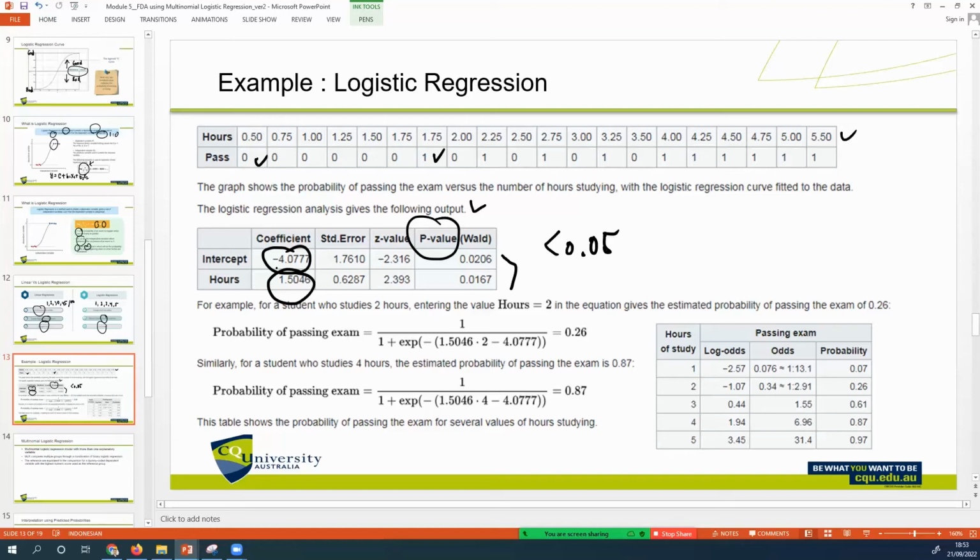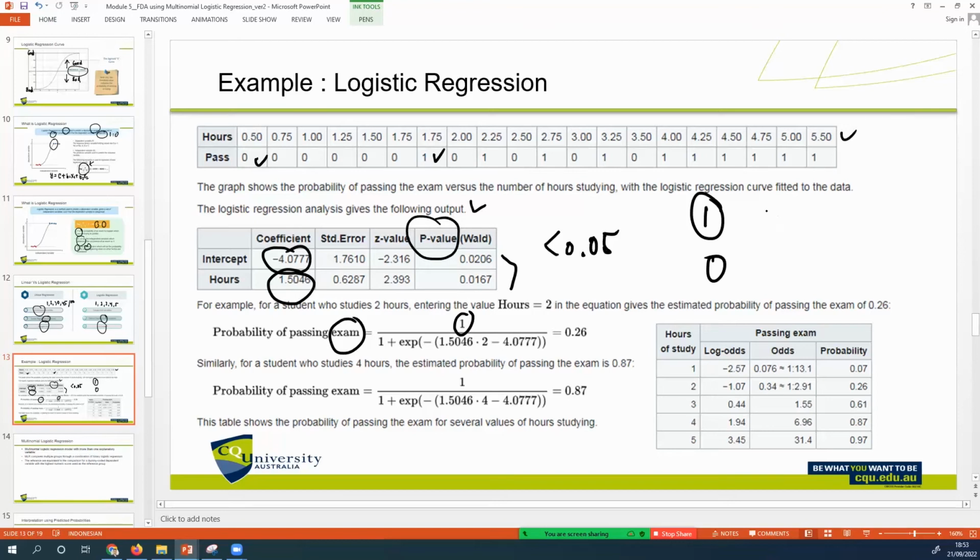So when we have the probability of 1 and 0, what is the probability reference? Let's say the reference is 1, meaning the probability of passing the exam will be 1.